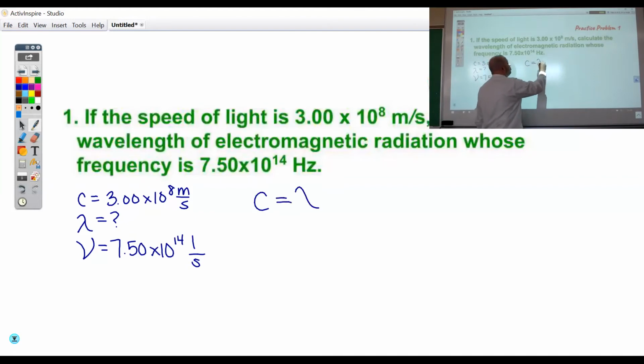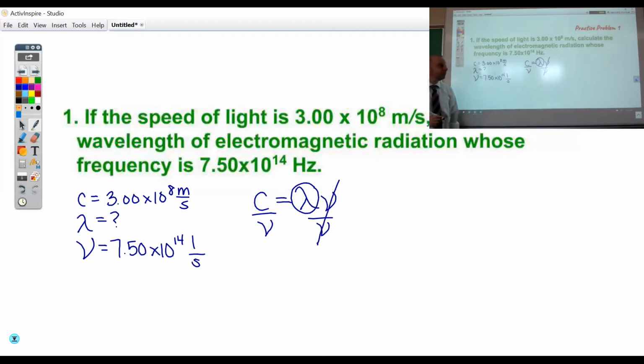C equals wavelength times frequency. We're going to solve for wavelength, so that means we're going to divide by frequency on both sides. We'll cancel out on the right side. So now I can substitute in my quantities.